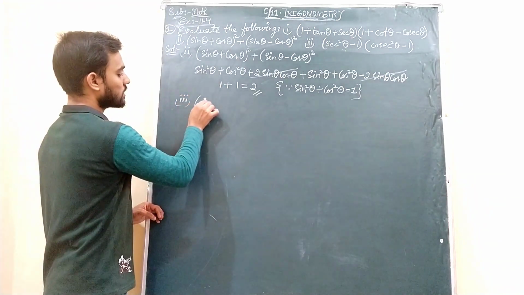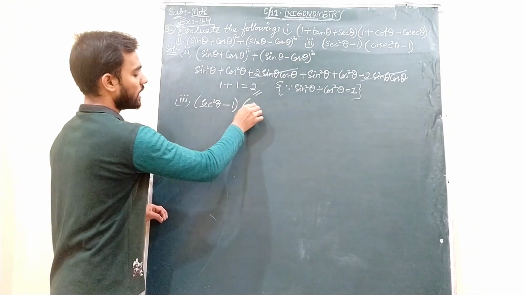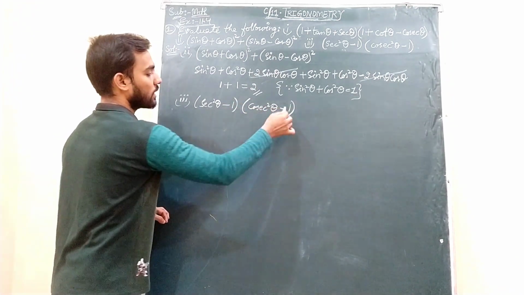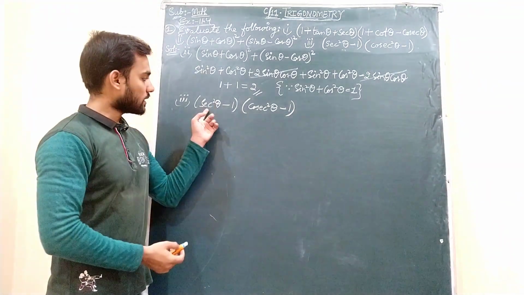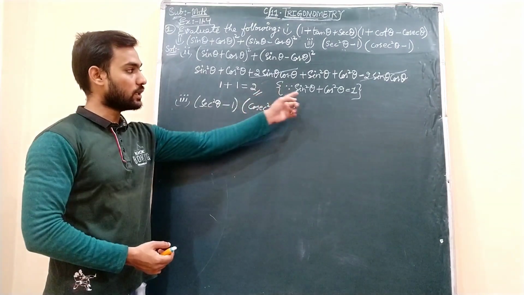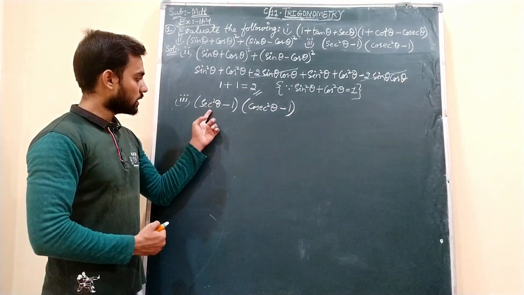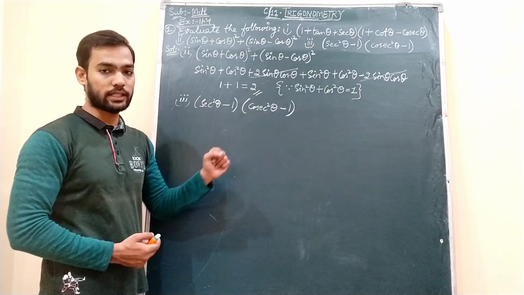Third bit is secant square theta minus 1 multiplied with cosecant square theta minus 1. Okay, students. So now this is related to second identity. Till now we have seen our first identity only. Now coming to this expression, this is related to second identity, this is related to third identity.